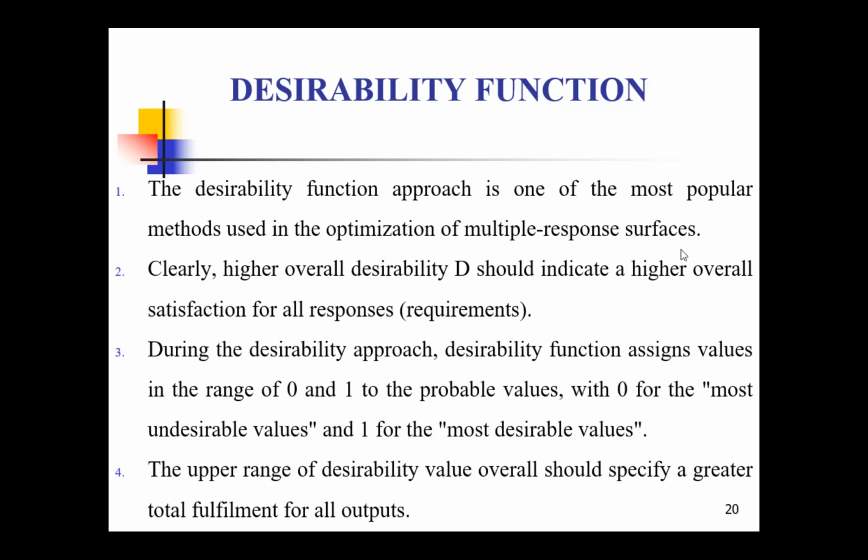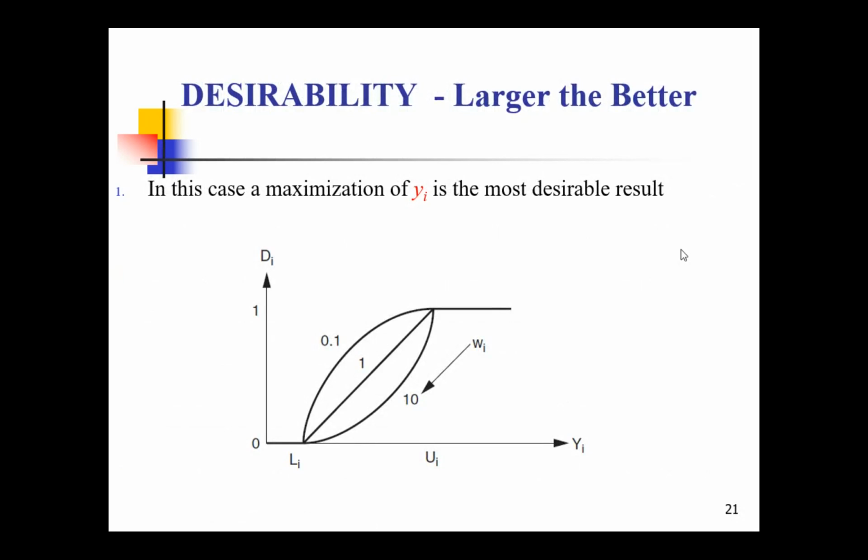By getting a desirability value nearer to 1, a greater total fulfillment of all outputs can be obtained. That is, a very well fitted model is possible. So depending upon the desirability, here you can see, in the case of maximization of the yield, for example, Y is the yield, we are going to move towards the desirability value of 1.